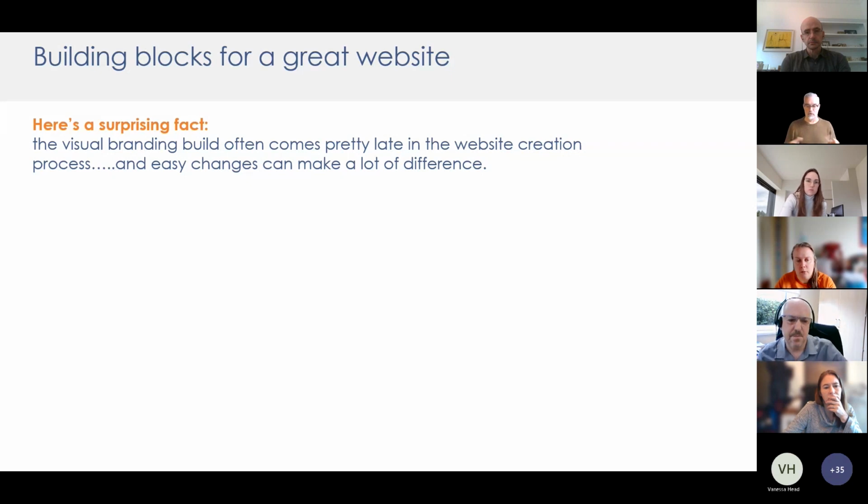So you'll do a lot of the structural stuff, the way that the member may guide his way around it. You'd have worked on the point of it, the reason for the different types of members that come to it, the personas and so on and so on. Branding often comes late in the process, and there's a good reason for that.